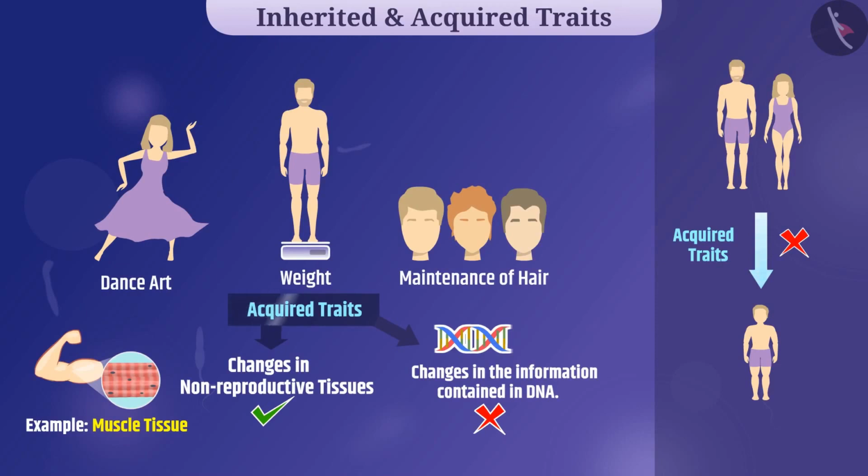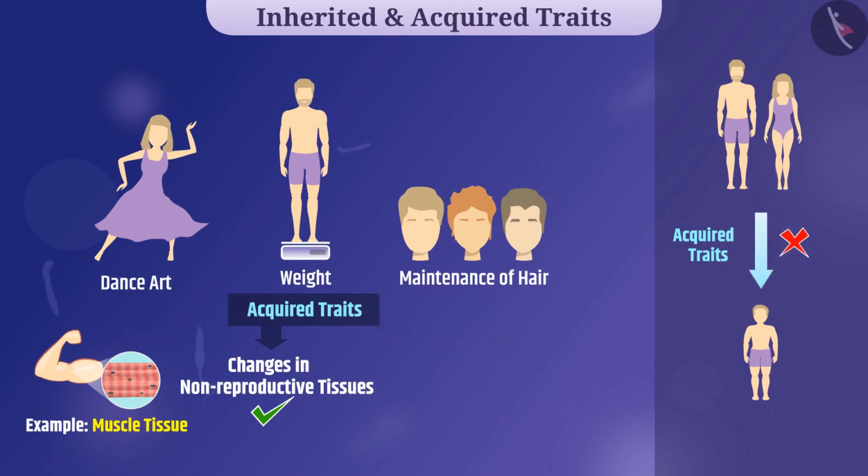That is, the acquired traits are not inherited from one generation to the next. Since the acquired traits are not inherited, we cannot call development of tissues from the acquired traits as evolution. In this way, these traits do not lead the organism to the evolution.